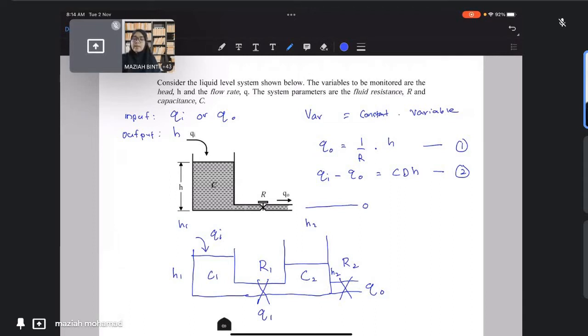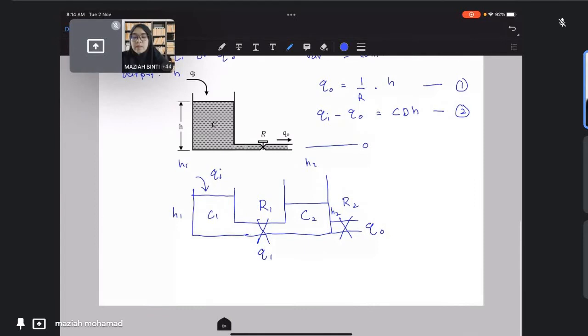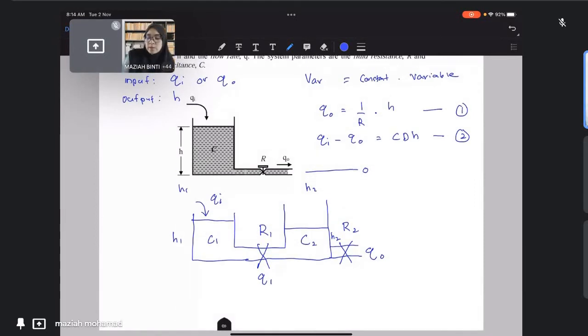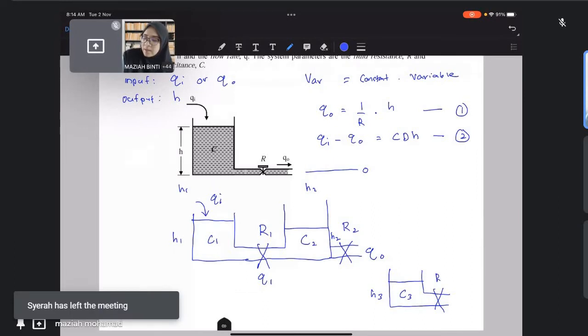Okay, the water level is H2, and then the output flow rate is Q0, right? And then you may also see a system. Let me add an additional tank here: H3, C3, R3.